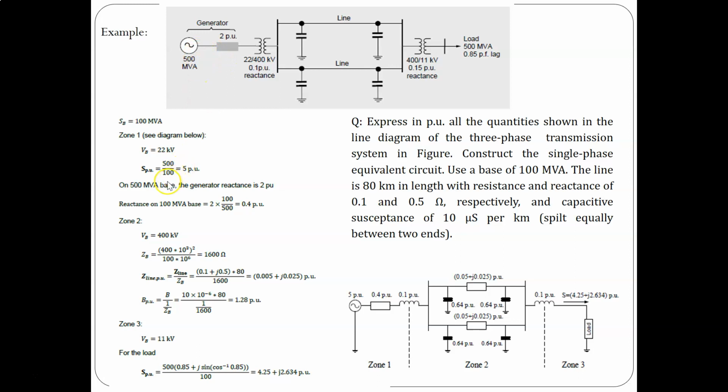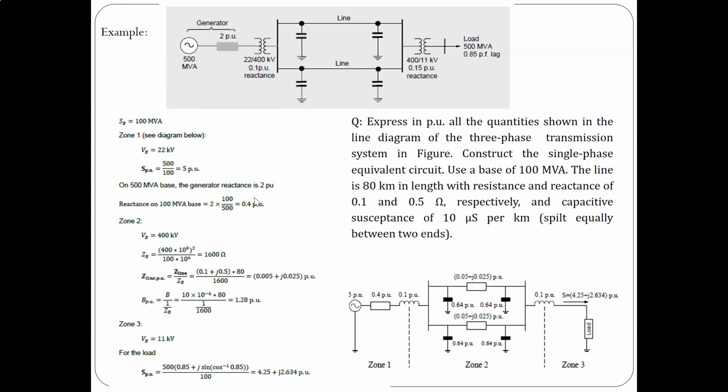We also have to find the MVA base for that zone, so you take the machine base divided by the system base, and you get this value. This is on the 500 MVA base. We are also given that the reactance is 2 per unit. So the reactance on the 100 MVA base is 2 multiplied by the 100 system base divided by the machine base, and we get the value of 0.4 per unit.